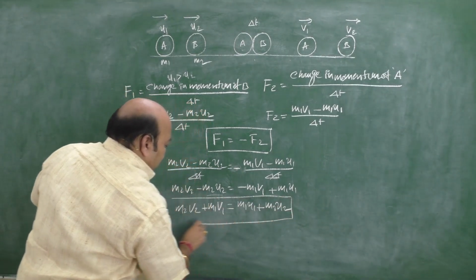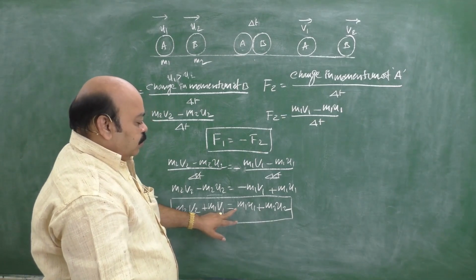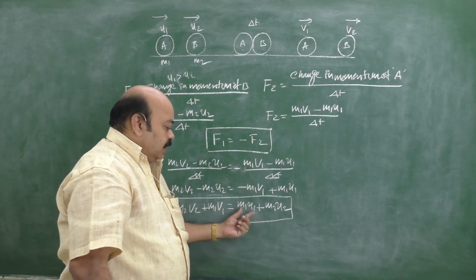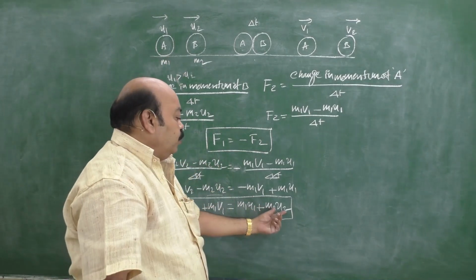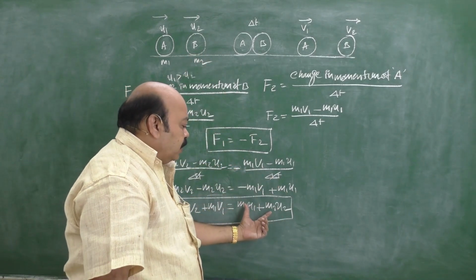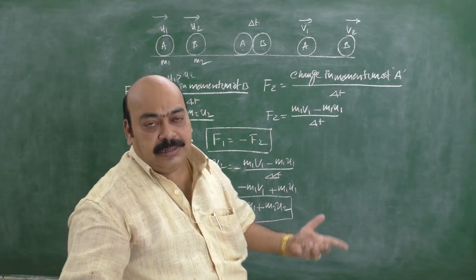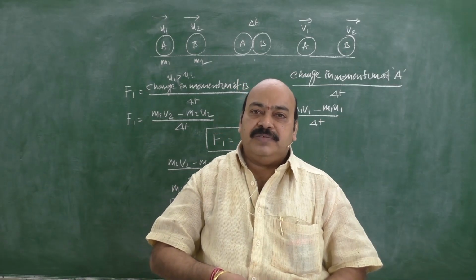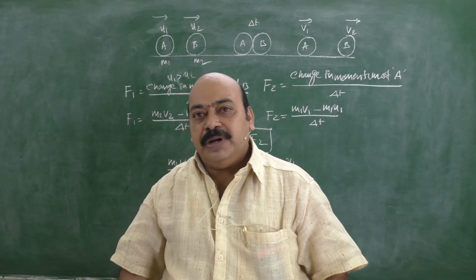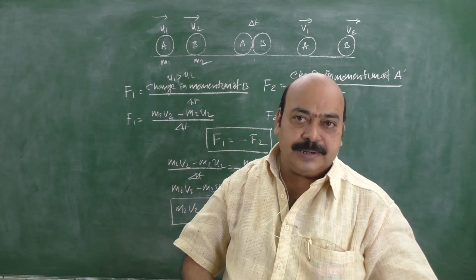You observe carefully, it is nothing but total momentum after collision is equal to total momentum before collision, because m1 u1 is the initial momentum of A, m2 u2 is the initial momentum of B. Their sum, the total momentum before collision, is equal to total momentum after collision. Hence it is in good agreement with the law of conservation of momentum. So the law of conservation of momentum is said to be verified in one dimensional elastic collisions.